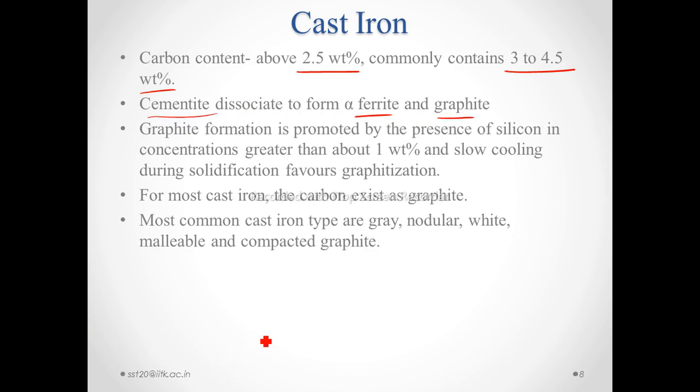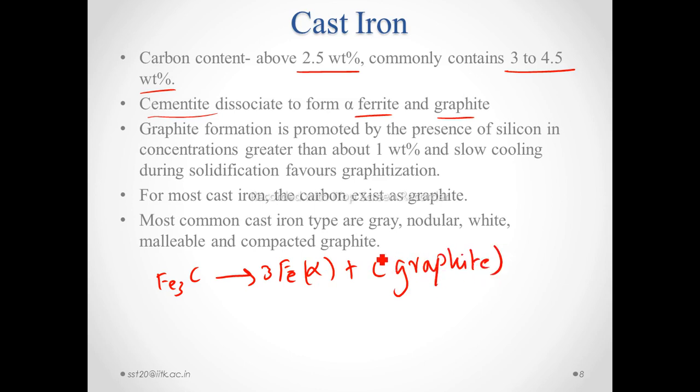The cementite will dissociate, that is Fe3C will dissociate and form alpha ferrite plus graphite. Here the carbon is present in the form of graphite.